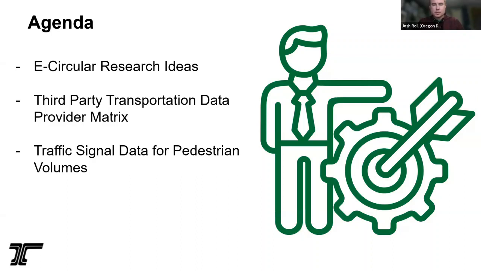First, I'll talk through some of the work we've been doing over the last year through the TRB Committee on Highway Travel Monitoring. This is base year focus, so not modeling; that's the purview of that committee. We'll walk through what the e-circular was, then land on some of the big data related research ideas coming out of it. Then I want to show this group, who has probably seen it before, the third-party data provider matrix and get some input.